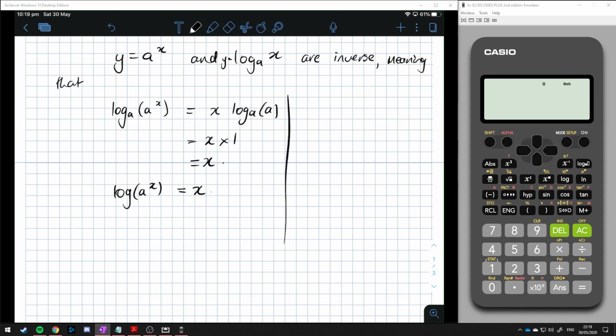Another cool fact, because this one works, this other one also works: if we have a to the power of log a of x, then this is also equal to x. And this is a really helpful one that's going to help us a lot later on solving problems.